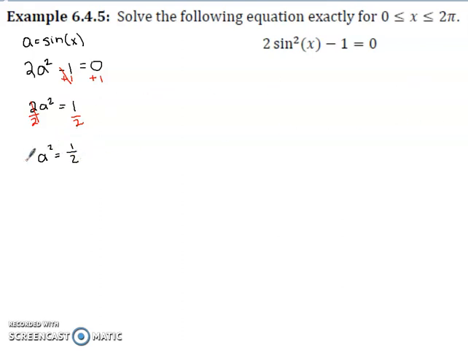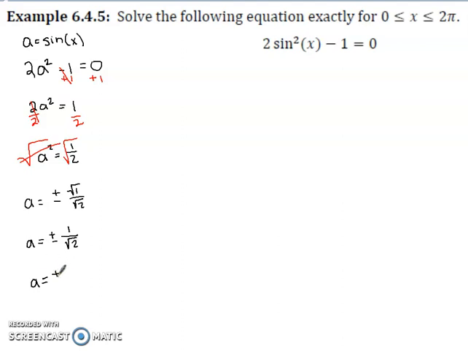Now to undo that square, I square root both sides. And that leaves me with on the left-hand side a, and on the right-hand side I could have a positive or a negative square root of 1 over square root of 2. And I will simplify this all the way down. Positive or negative square root of 1 is 1, square root of 2 is square root of 2. And since we will be using the unit circle, I want to go ahead and rationalize to make sure that I find the value of theta on the unit circle.